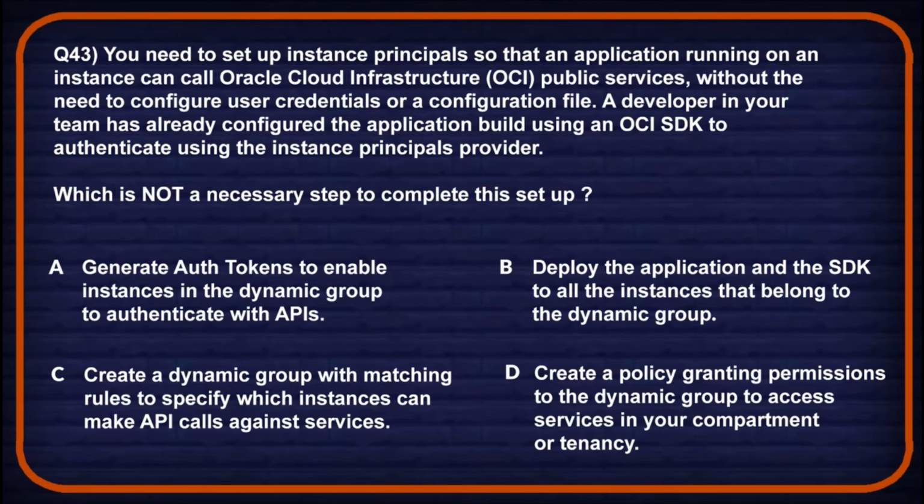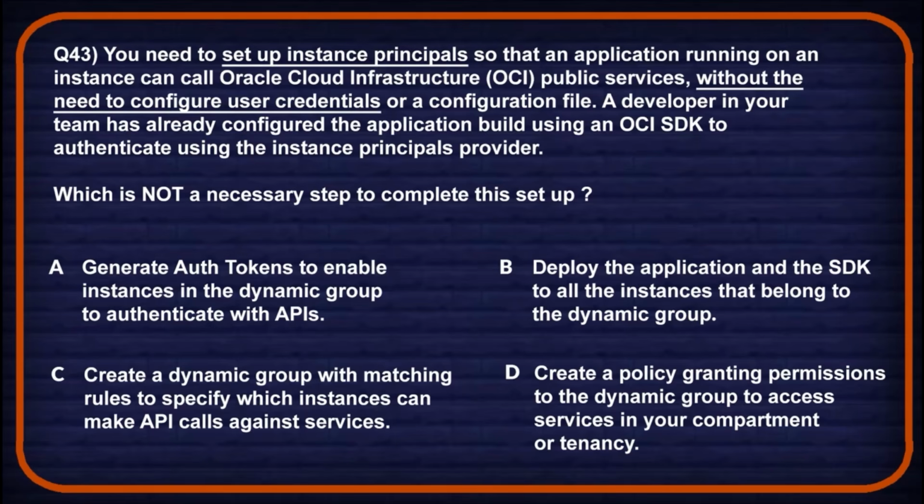You need to set up an instance principal so that an application running on an instance can call Oracle Cloud Infrastructure public services without the need to configure user credentials or a configuration file. A developer in your team has already configured the application built using an OCI SDK to authenticate using an instance principal provider, which is not a necessary step to complete this step.